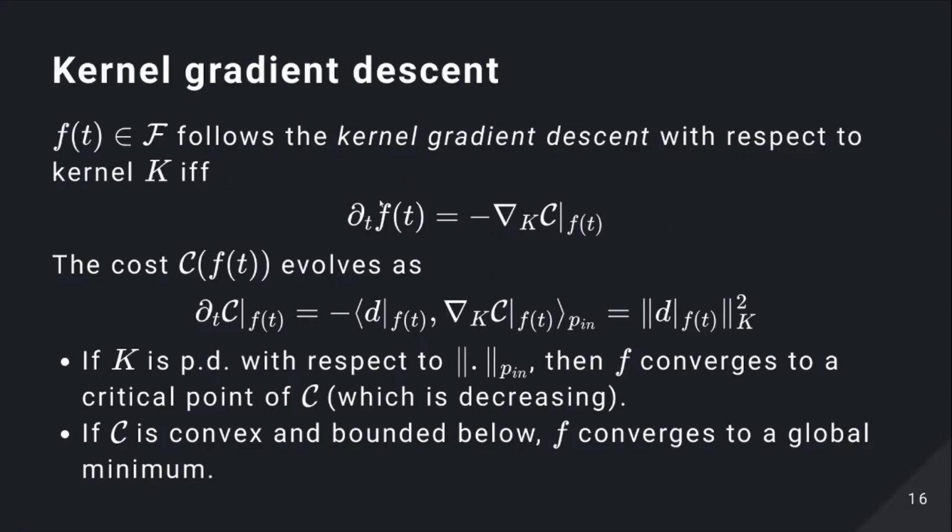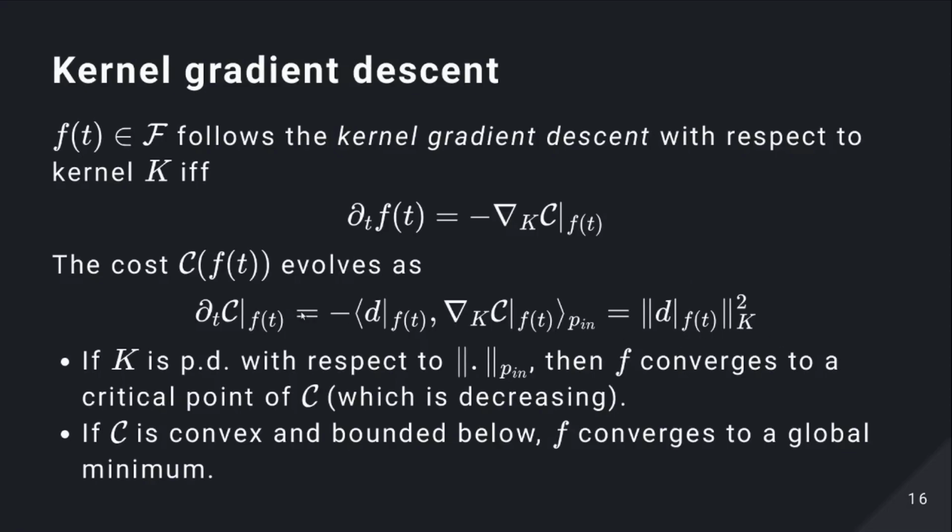This might not make a whole lot of sense because it looks like an ODE but in a function space, so that's fairly hairy to get into. But at least we can say that the cost function, which is just a real number, evolves like this. We have essentially the derivative of the cost, and we take the inner product with the gradient kernel, and this is simply the k norm of the derivative of my cost at f of t.